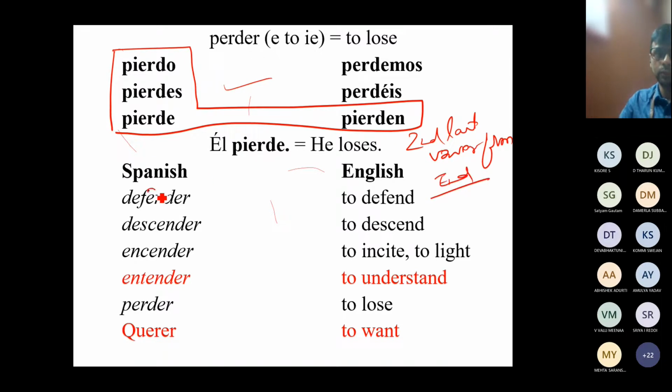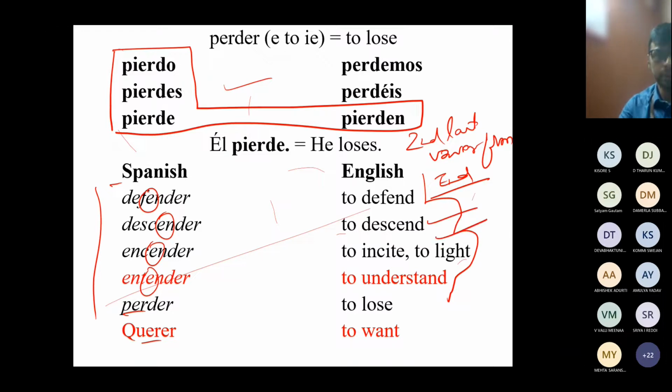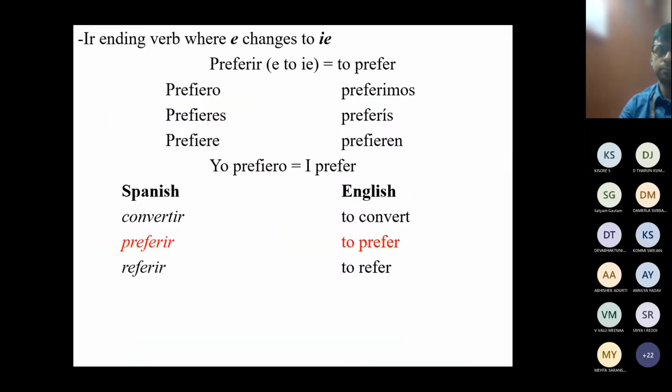Okay, so defender, descender, encender, entender will change. Where there is fine, career is also fine. There is only one vowel, so you don't have to think a lot in this. Okay, so this is how you have to do the conjugation.